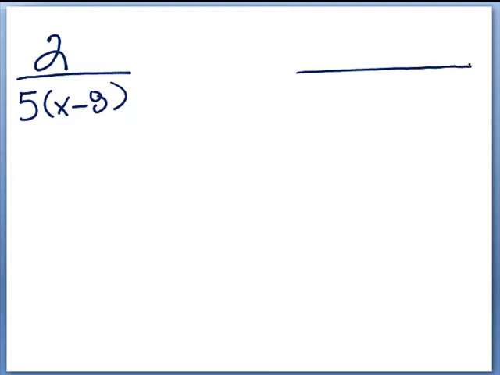So let's go ahead and write the new fractions. We have 2 over, and before we even try to put everything together, like I said before, let's convert each fraction into its new LCD. This is the new LCD here: 5 times x minus 8 times x plus 8.